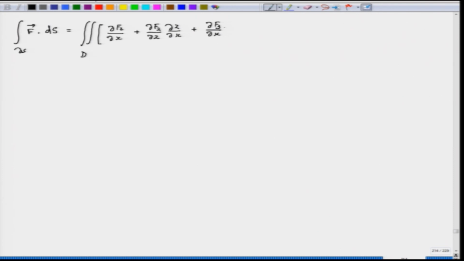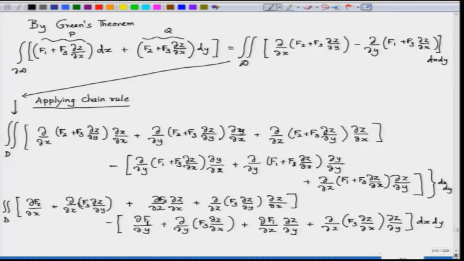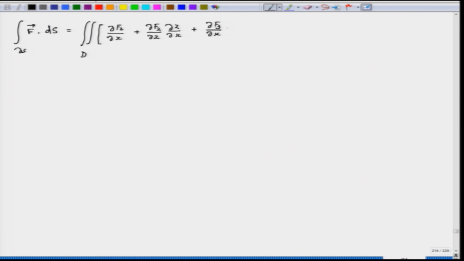So, here you have to see. Here it will be ∂F3∂x ∂z∂y plus F3 into ∂²z∂x∂y. So, that I will put in the end, the second order thing, into ∂z∂y. There is another second order term that will come here, we will put it at the end, and we will do the other things.